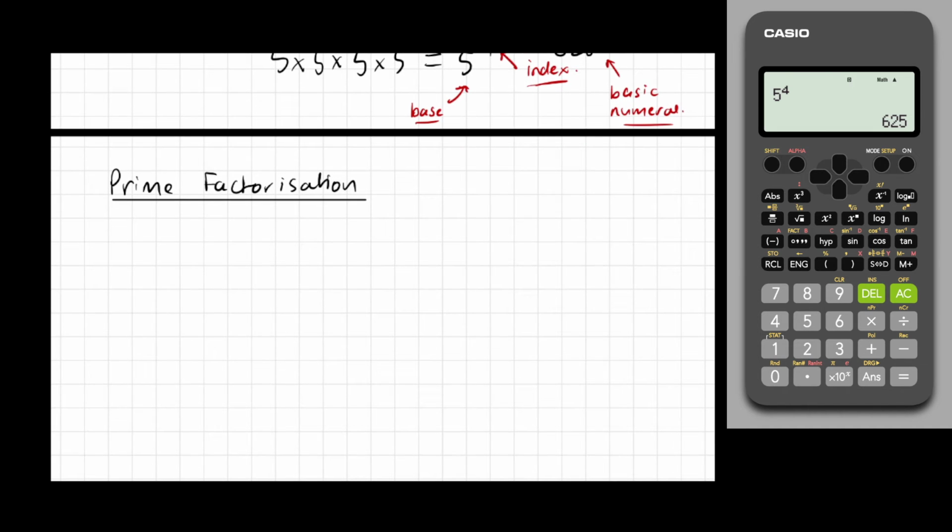So keep in mind what a prime number is. It's a number that can only be multiplied by itself and 1. And we'll start off with the number 24, okay? So let's think of some numbers that we can multiply to give 24. And it doesn't matter what numbers you pick. Okay, I'm going to pick 4 and 6. Okay, 4 and 6 are my two numbers.